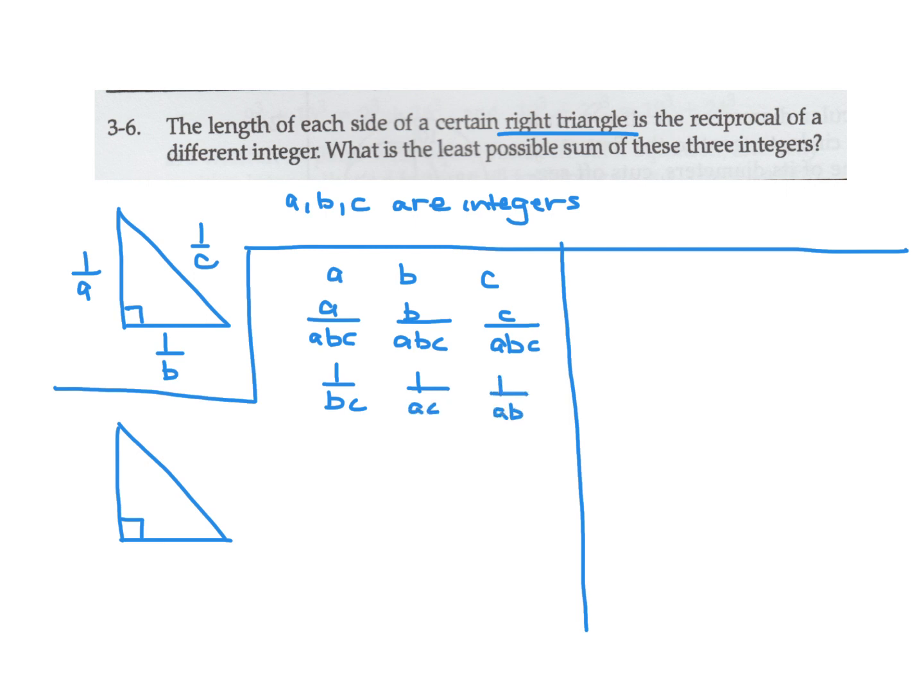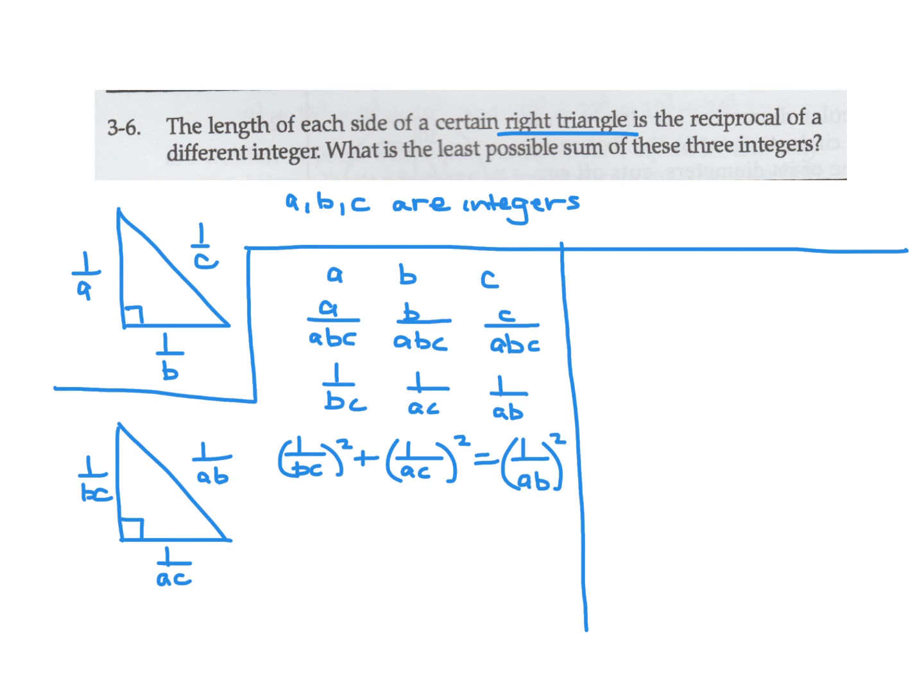Now these are going to be the side lengths. So for example, this will be 1 over AB, and this could be 1 over BC, and then this would be 1 over AC. And then therefore, because it's a right triangle, 1 over BC squared plus 1 over AC squared is equal to 1 over AB squared.